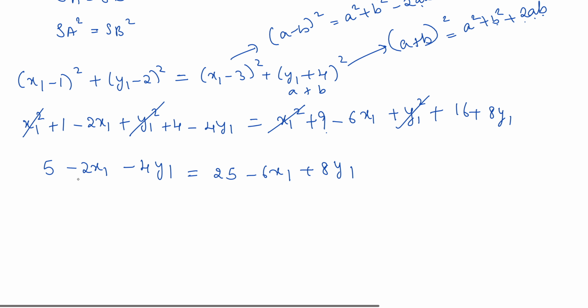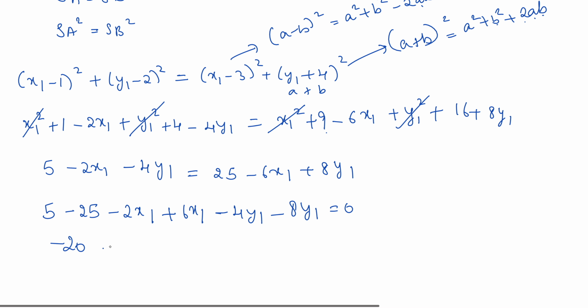So sending all the terms towards the left hand side: 5 minus 25, because plus 25 comes this side and becomes minus 25, minus 2x1, and minus 6x1 comes this side and becomes plus 6x1. Now we have minus 4y1, and plus 8y1 comes this side and becomes minus 8y1, is equal to 0. 5 minus 25 is minus 20. Minus 2x1 plus 6x1 is plus 4x1.